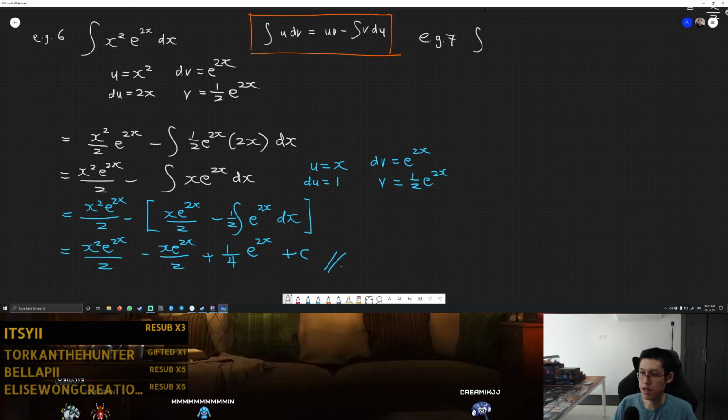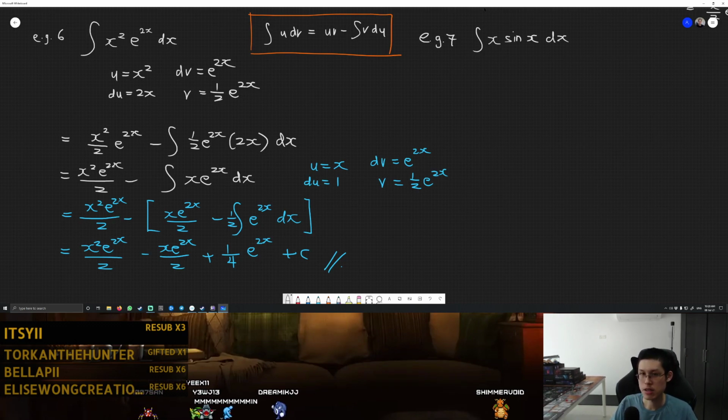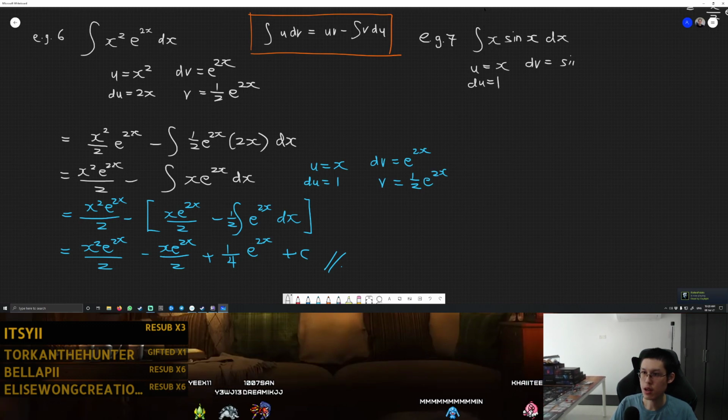What if you have, let's say, x sine x? So again, this involves integration by parts. So let me just show you this very quickly. u equals x, so du is 1, dv is sine x, v is negative cos x.